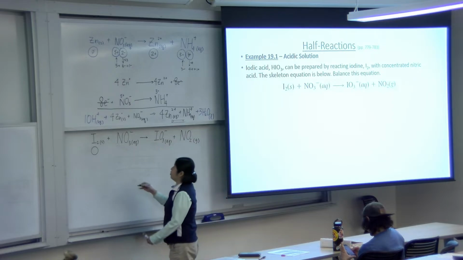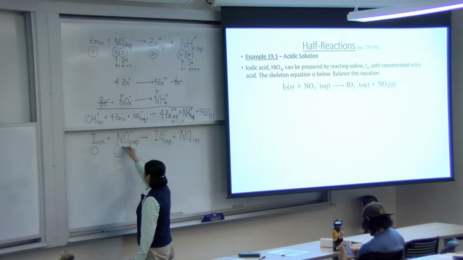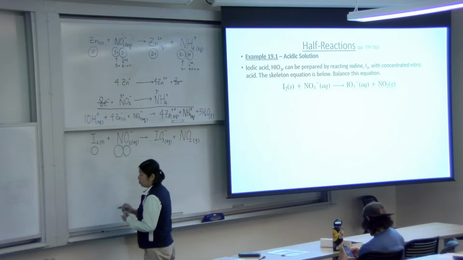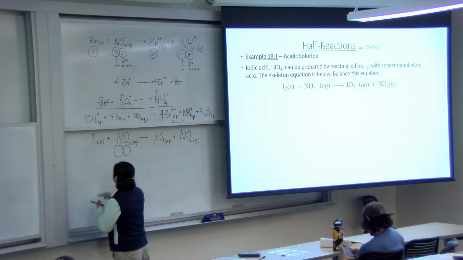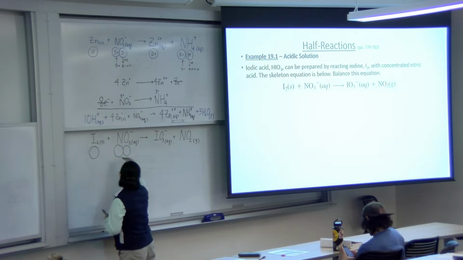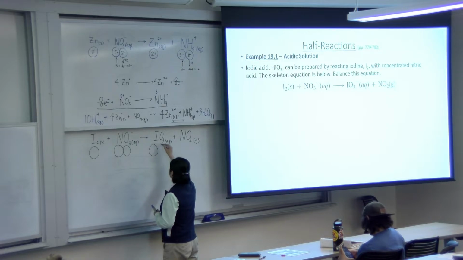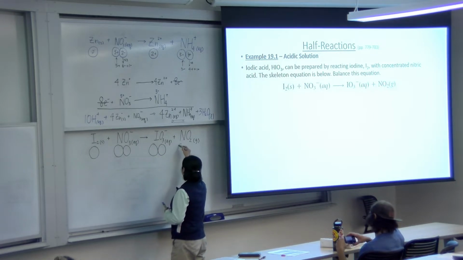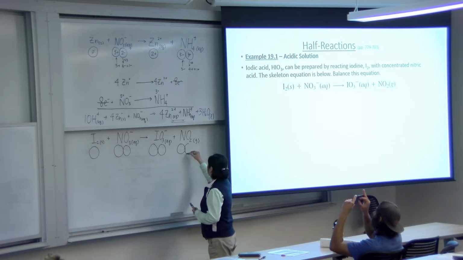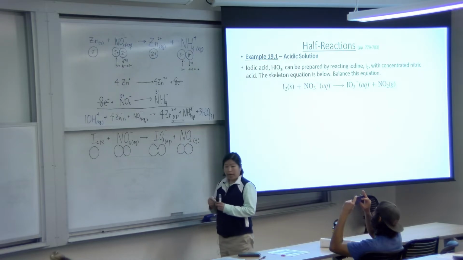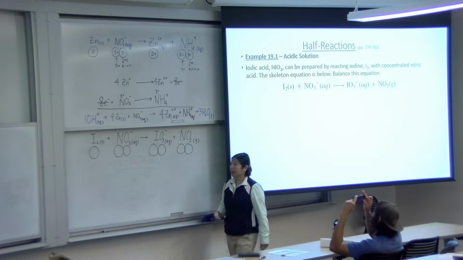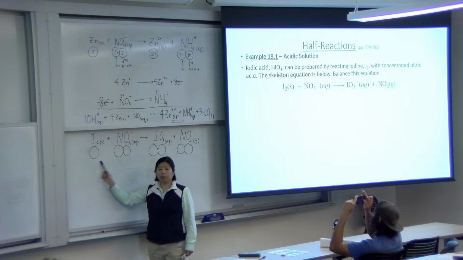Okay, and like I did before, I'm writing a circle under each element. All right, let's keep going. I2 is elemental.